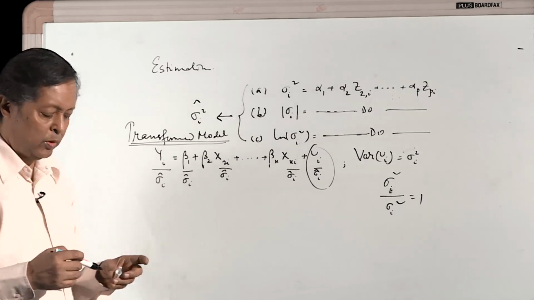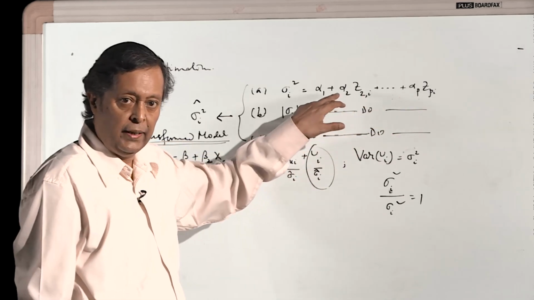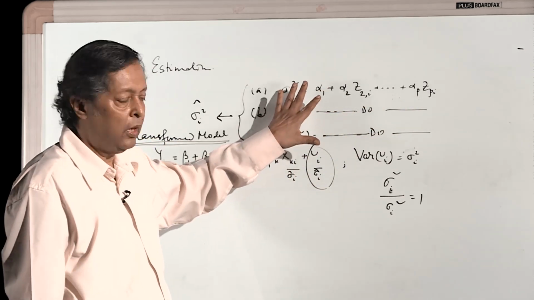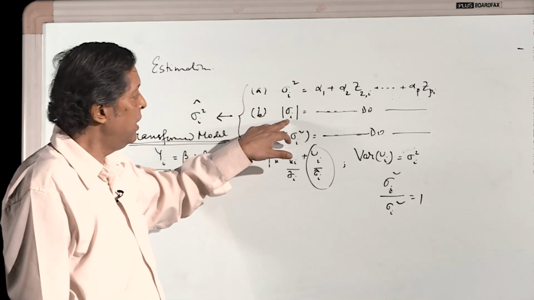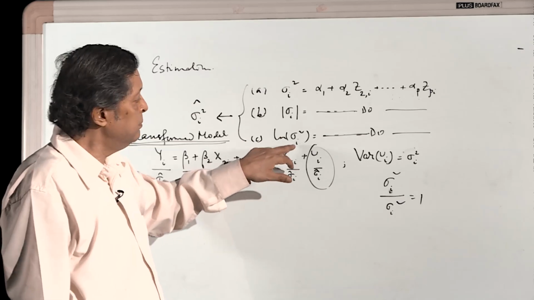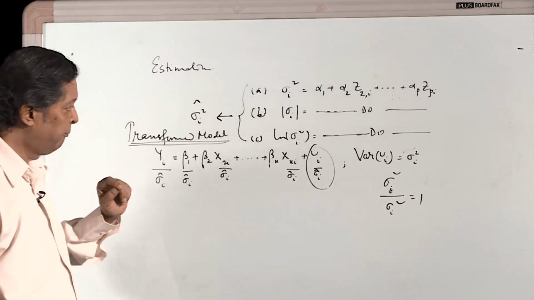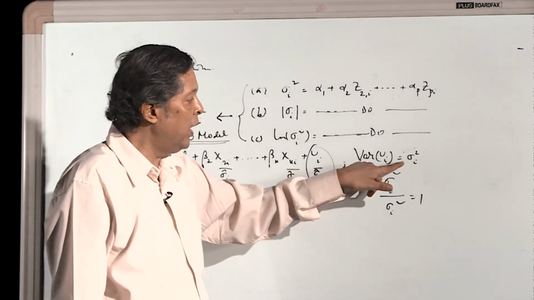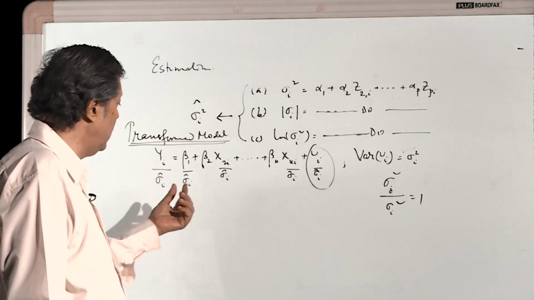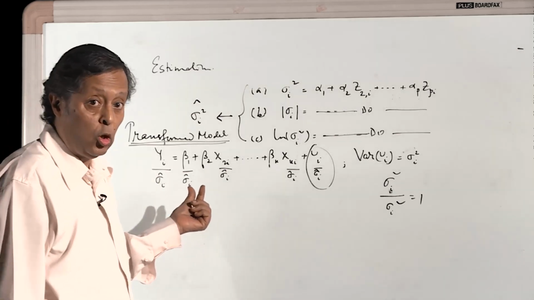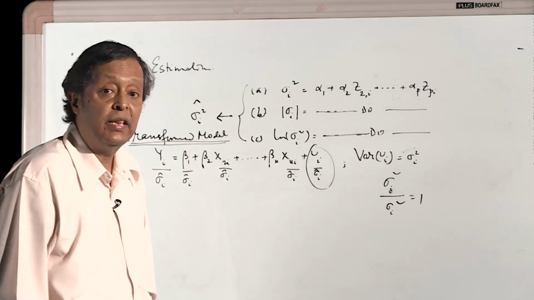Once again, my dear students, I repeat: if we cannot reject H naught, then the final format of the estimate gives us sigma i square hat or sigma i hat or logarithm of sigma i square hat. Accordingly, we can obtain sigma i square hat, and because the variance of ui is sigma i square, if we transform the model by dividing all through by sigma i hat, because sigma i is not observable, then we obtain a transformed model which has variance almost equal to 1.